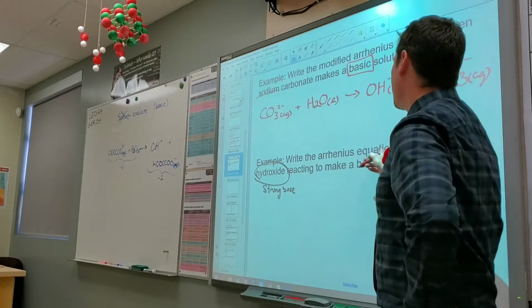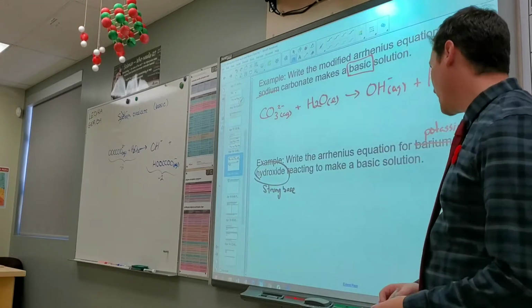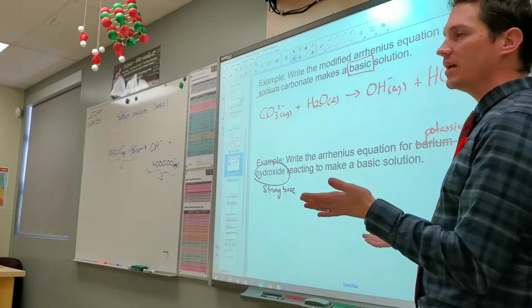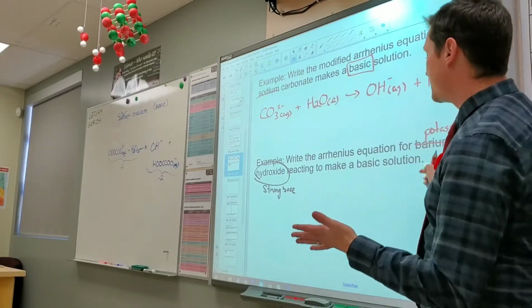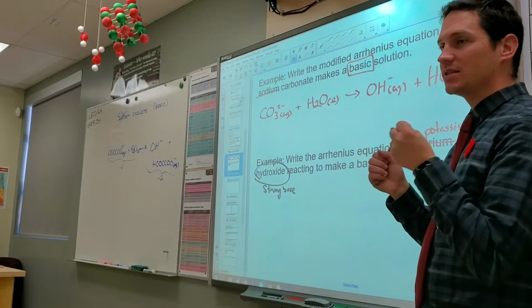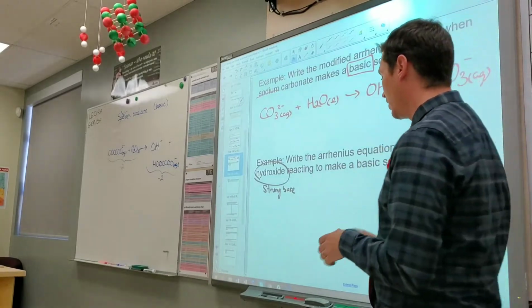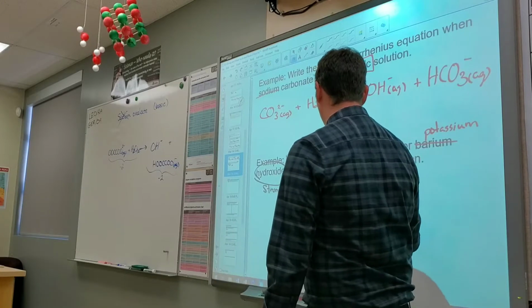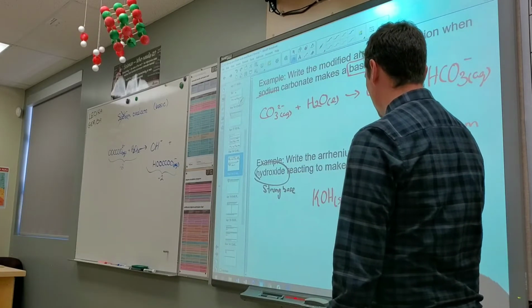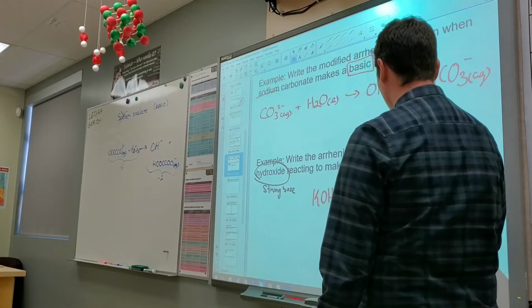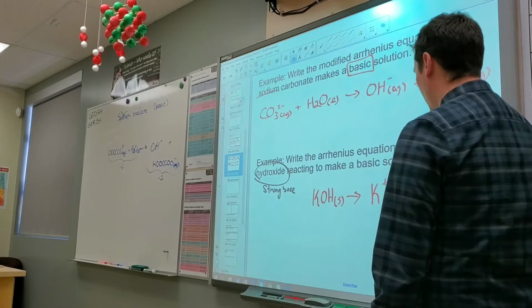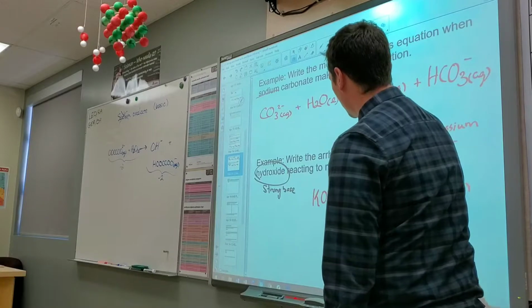Okay, write the Arrhenius equation for potassium hydroxide reacting to make a basic solution. I'm just saying this, I will never ask you to do this for strong bases, because this question inherently doesn't really make sense, okay? Potassium hydroxide splits up to make potassium ions and hydroxide ions, and we're done, right?